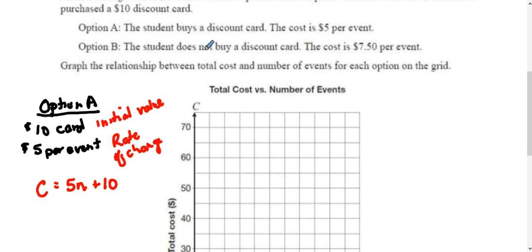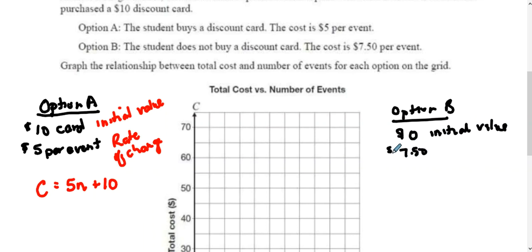Option B says the student does not buy a card, but the cost is $7.50 per event. So we've got option B. We have no initial value. They didn't buy a card at the beginning, but they paid $7.50 per event. I'm going to change colors here a little bit.